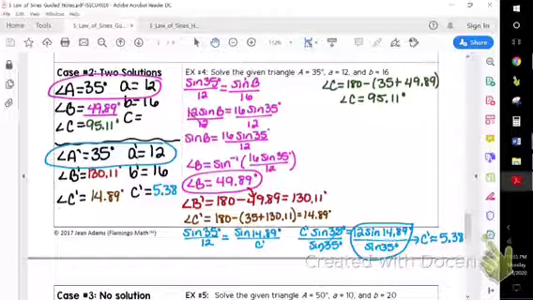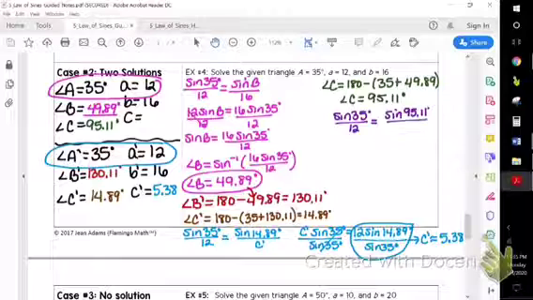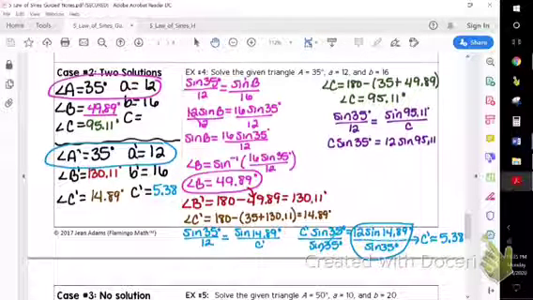I'm going to use what they gave us. So I'm going to use sine of angle A over side A, and that's equal to sine of angle C, which we just found to be 95.11 degrees, over side C. So cross multiply and divide. So C times sine of 35 degrees is going to be equal to 12 times sine of 95.11 degrees.